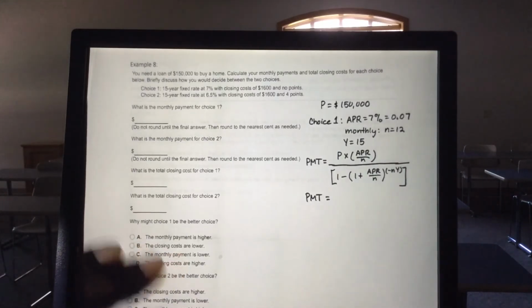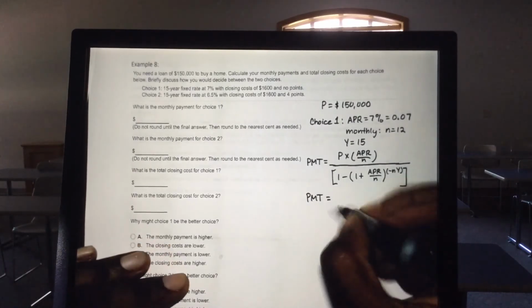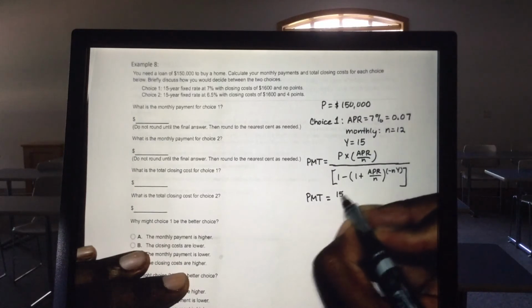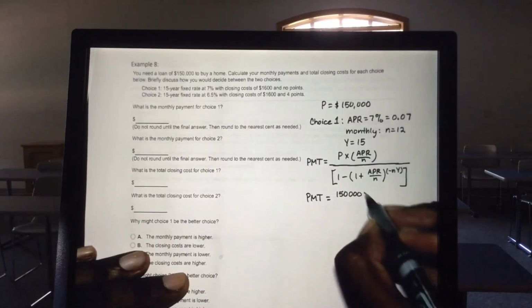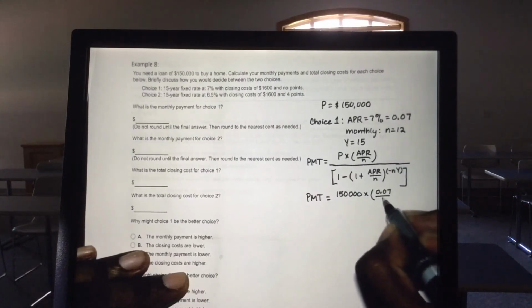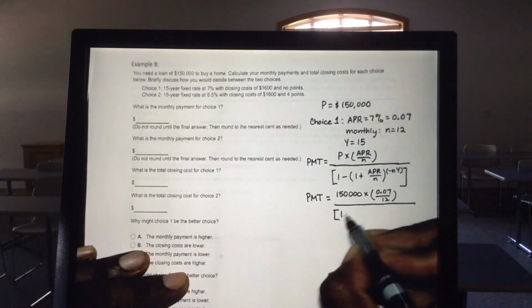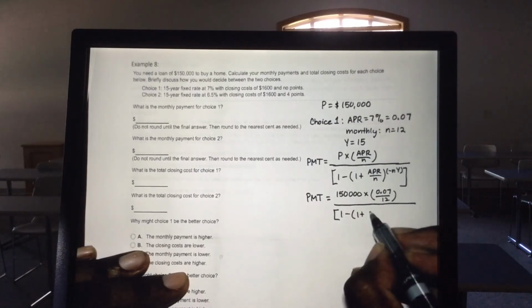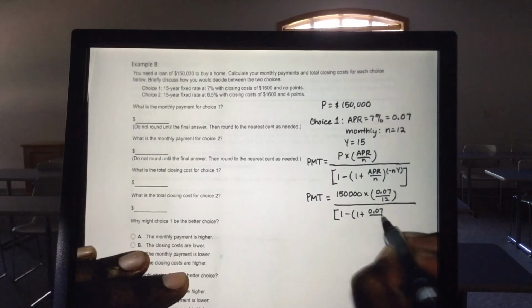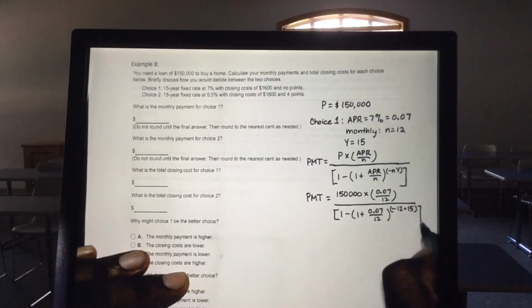Okay, now let's substitute into that formula here. Your P is $150,000 times the APR of 0.07 divided by N, that's going to be 12, all divided by 1 minus left parentheses 1 plus 0.07 divided by 12, raised to the negative 12 times 15.